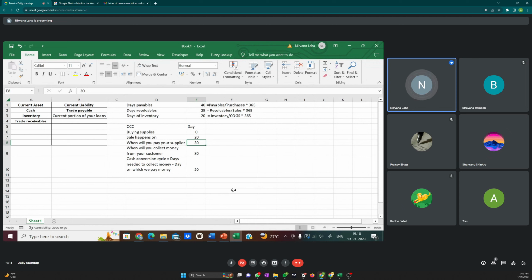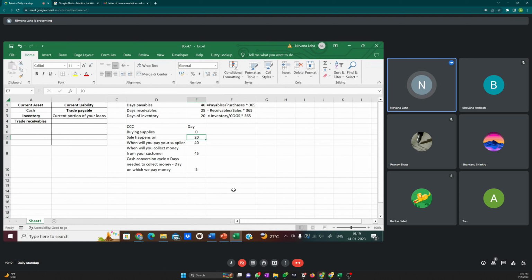You will pay your supplier on day 40, absolutely, and you will collect money from your customer on day 45, since sale happens on 20 and it takes 25 days to receive money. So your cash conversion cycle becomes only 5 days, which means the money required to bridge this gap is only 5 days worth of money.